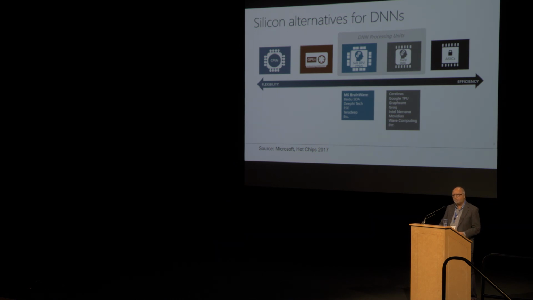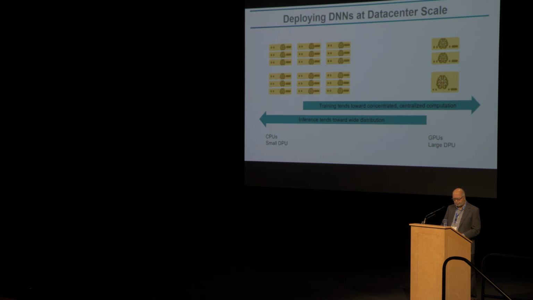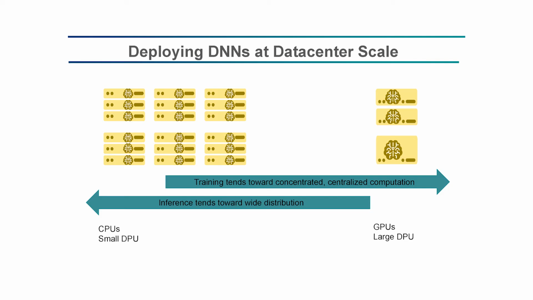Now, if you look at training versus inference, there are fewer systems being used for training because you train once, whereas inference happens continuously all the time. So the volume on the inference side is much higher. And because the volume is higher, the cost has to be lower and the power has to be lower. So what you see is, for inference, you tend to go with smaller, more efficient solutions because you want to deploy them at scale in large quantities.